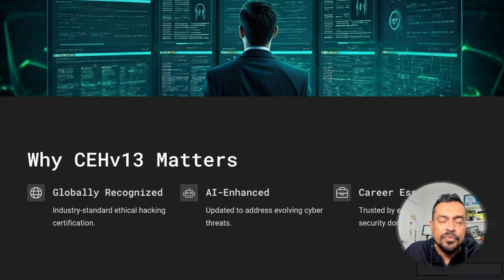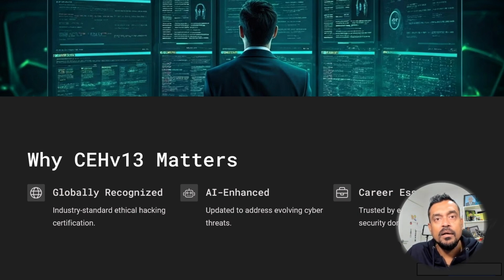The next thing is that, for the first time, EC Council is introducing an AI enhanced version. The previous version, version 12, did not have AI enhancement of any labs, practicals or concepts. But in Certified Ethical Hacker version 13, there are various areas.